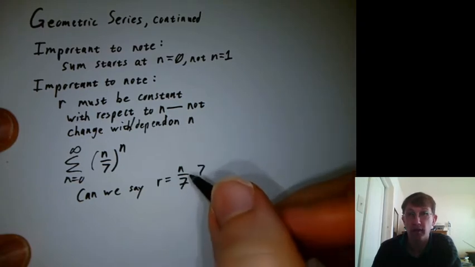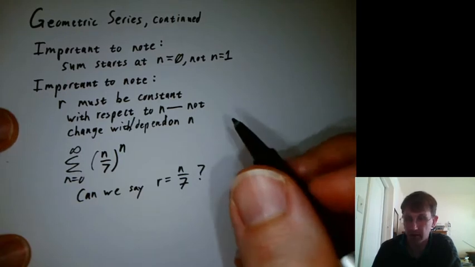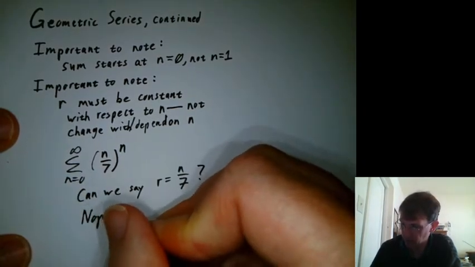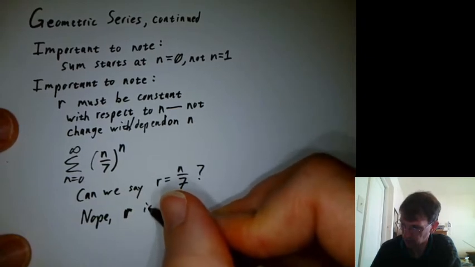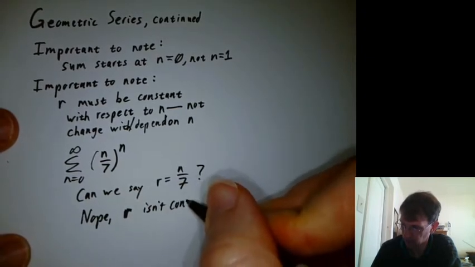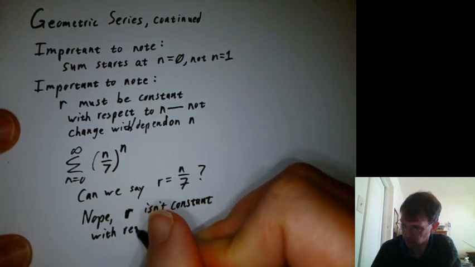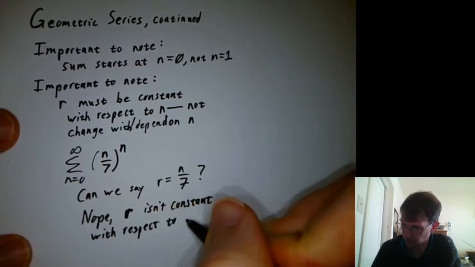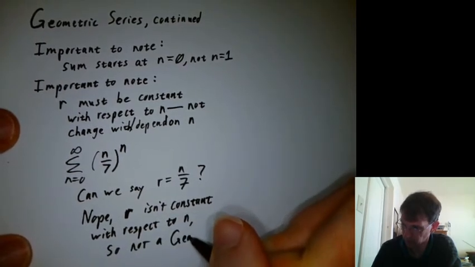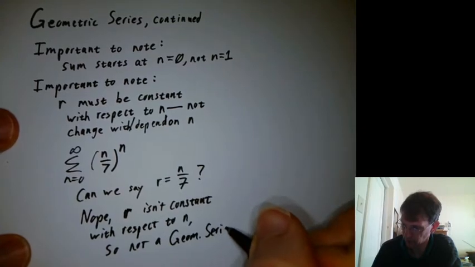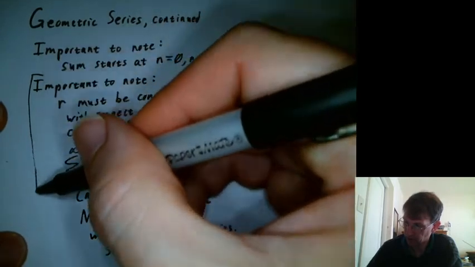Well, that's going to change when n changes, so r would not be constant, so we could not call that a geometric series. So that's an example of that issue.